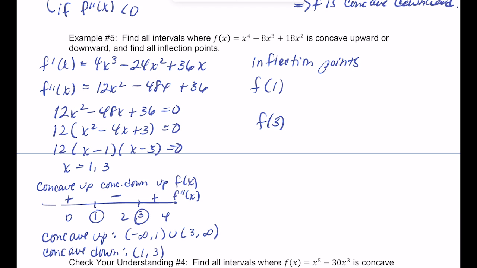Okay, so if I plug a 1 into my original function, you get 1 to the 4th minus 8 times 1 cubed plus 18 times 1 squared. And that's going to give us 11.